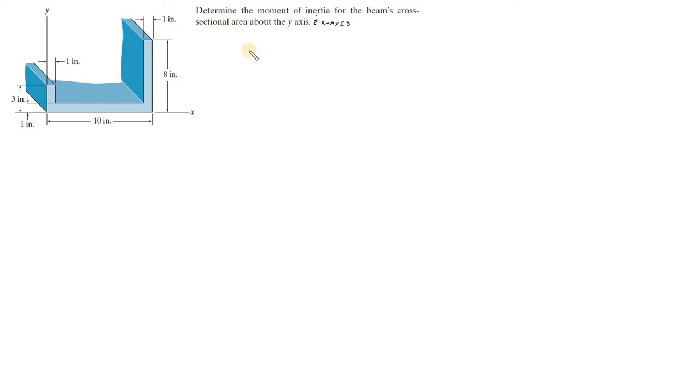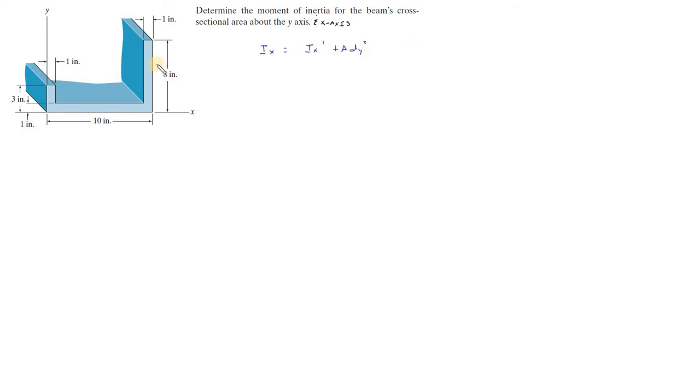As discussed before in other videos, the moment of inertia about the x-axis is Ix prime plus A d_y squared, and this is the parallel axis theorem.